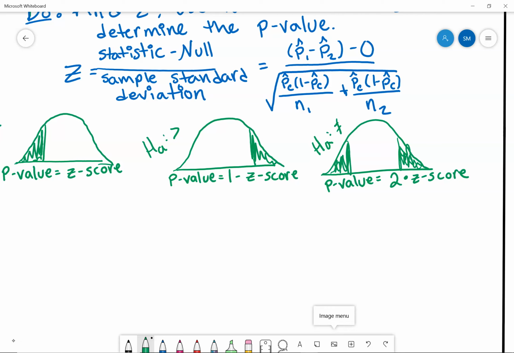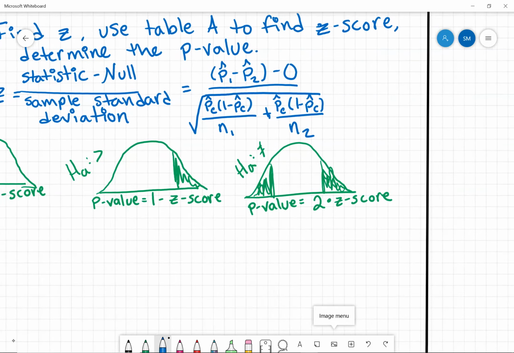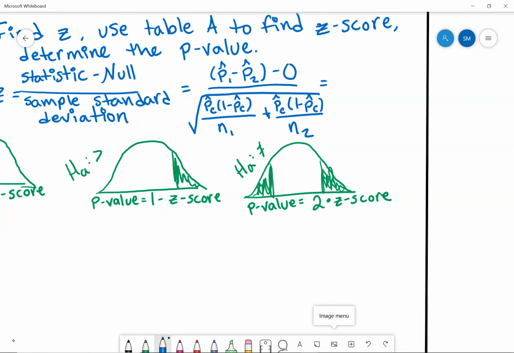So you get z from the equation, and then you have to find the z-score. After you find z, use table A to find the z-score.